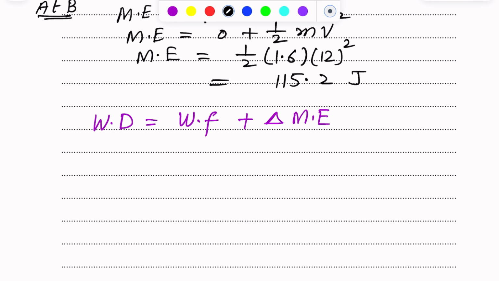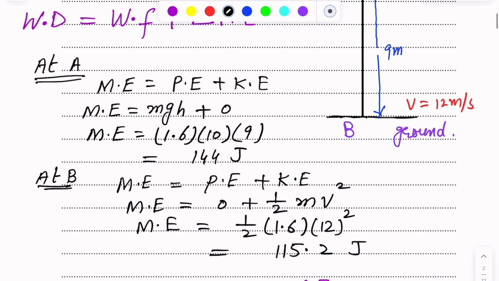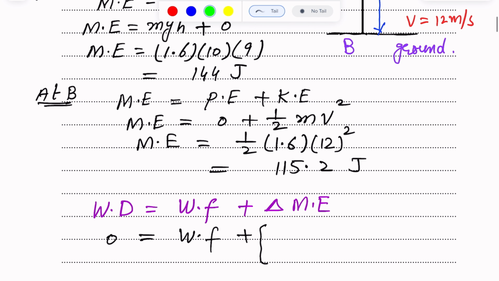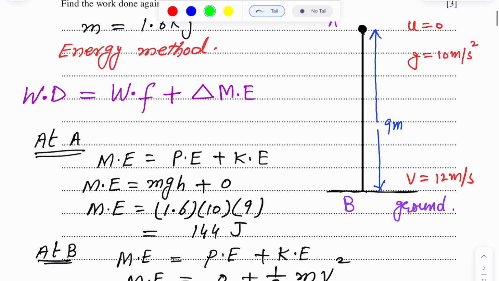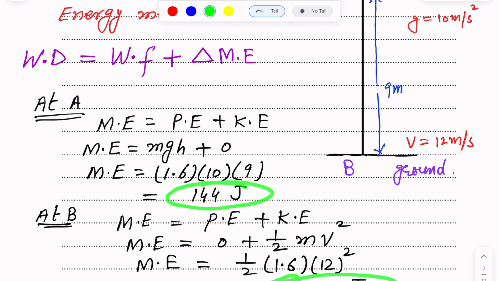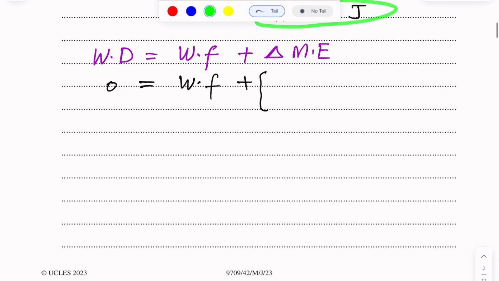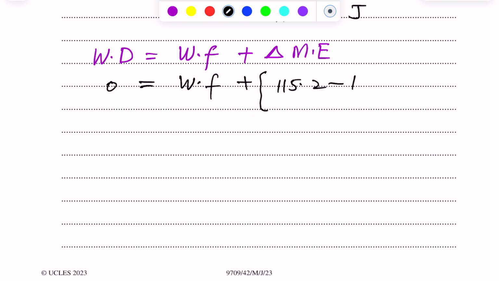Work done by driving force is 0, work against friction we have to find, plus change in mechanical energy, final minus initial: 115.2 minus 144. So we get minus 28.8.